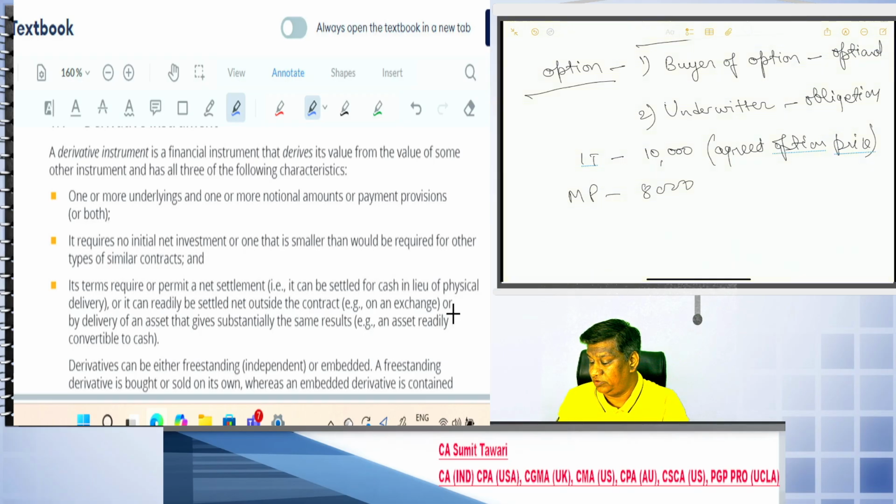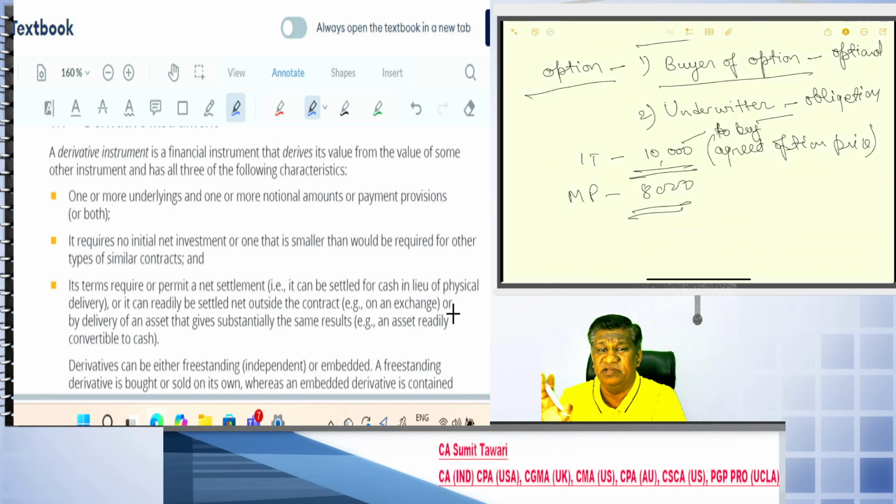The buyer of the option has an option to buy, and the underwriter is under obligation to sell. If the option price is 10,000 and the market price is 8,000, the buyer may decide that instead of exercising the option, it is better to buy from the market. He may decide not to exercise the option, because in the market he is getting a better rate.